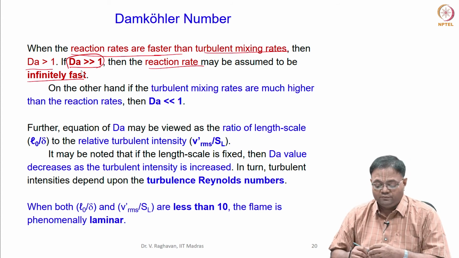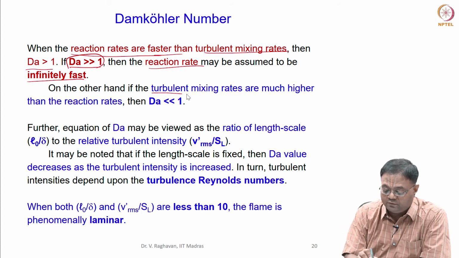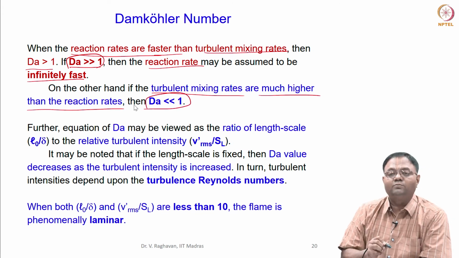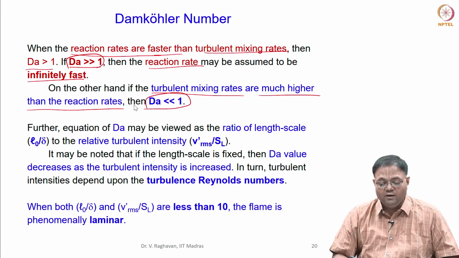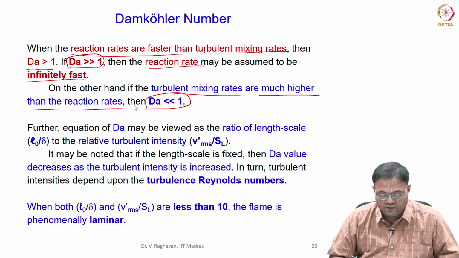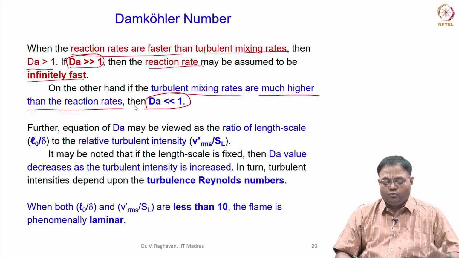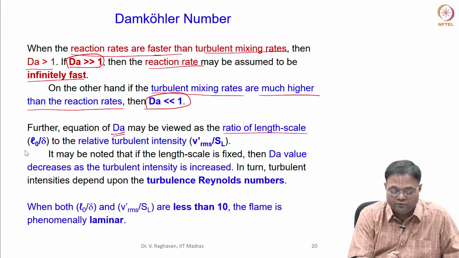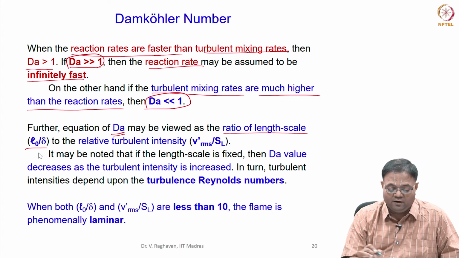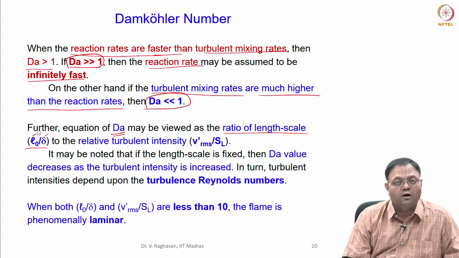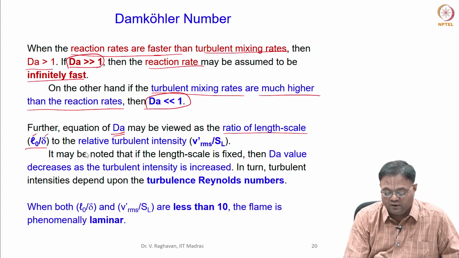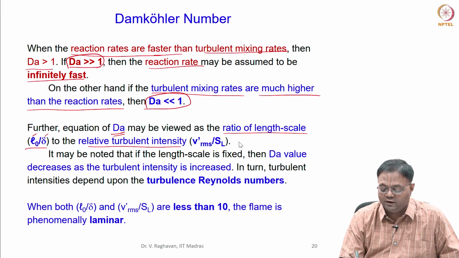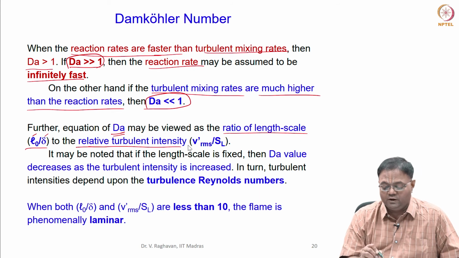In the opposite extreme case, the turbulent mixing rates are much higher than the reaction rate, then the Damkohler number will be much smaller than 1. This we can easily understand from the equations we have written. Similarly, as I have said, the Damkohler number can be written as the ratio of the length scale of the turbulent and the laminar flame thickness to the relative turbulent intensity. So, V dash RMS by SL is called relative turbulent intensity.